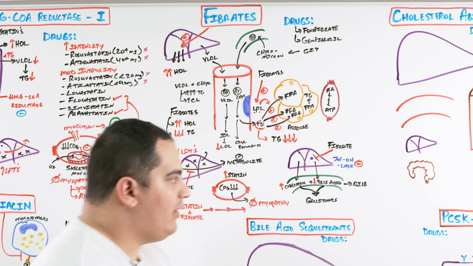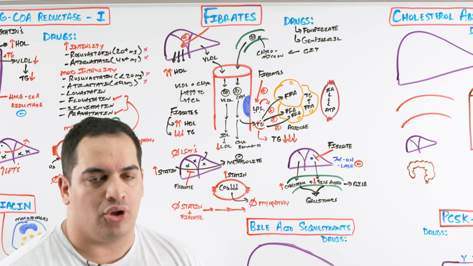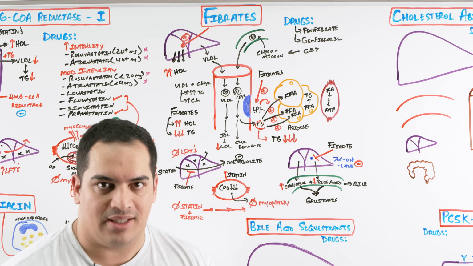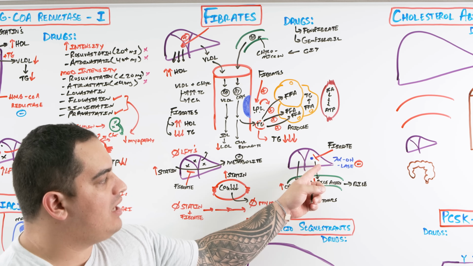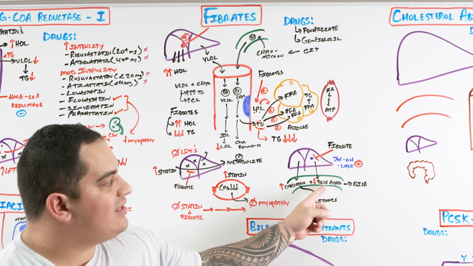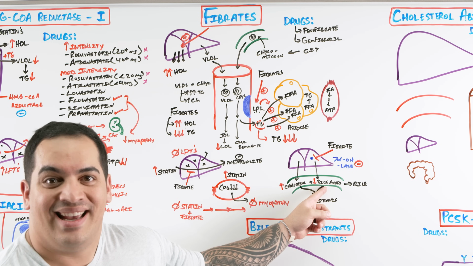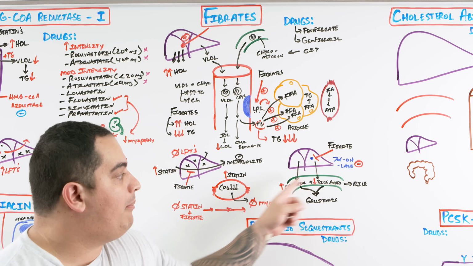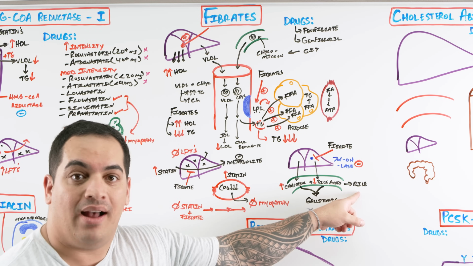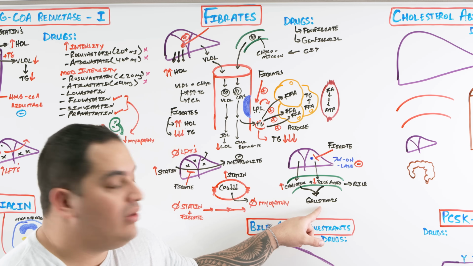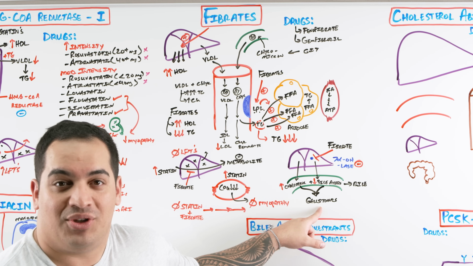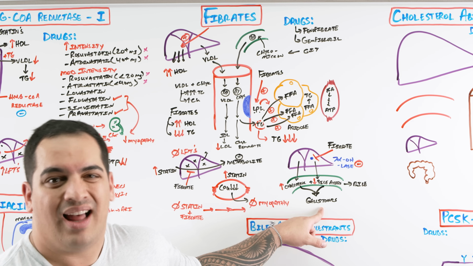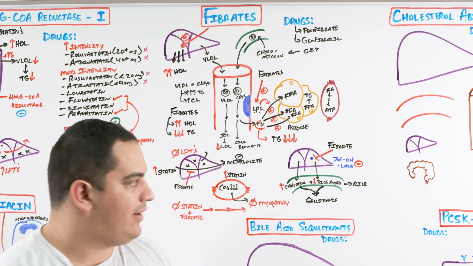So be very careful and cautious that fibrate patients may have an increasing risk of cholelithiasis, because it inhibits the 7-alpha hydroxylase, which is an enzyme involved in bile acid synthesis. If you have less bile acids and a relative increase in cholesterol, the ratio that's important in bile production will lead to an increased risk of gallstones, which can sometimes be problematic, and increase the risk of cholecystitis or choledocholithiasis, so watch out for that.